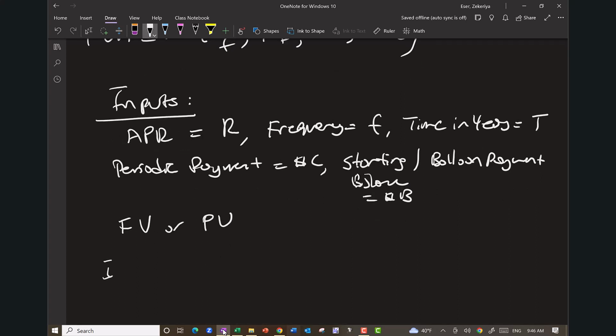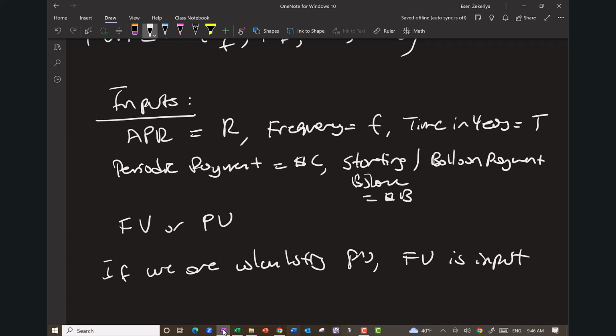So if we are calculating PV, FV is input. Or, I'm sorry. Yeah, FV is, no, just not worry about it.